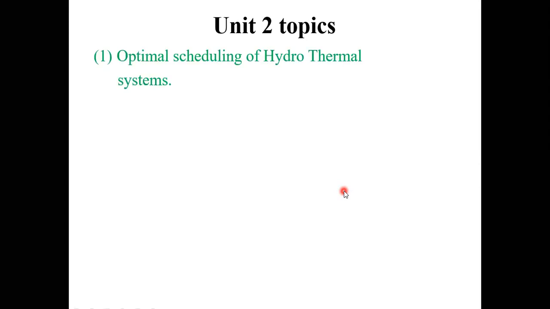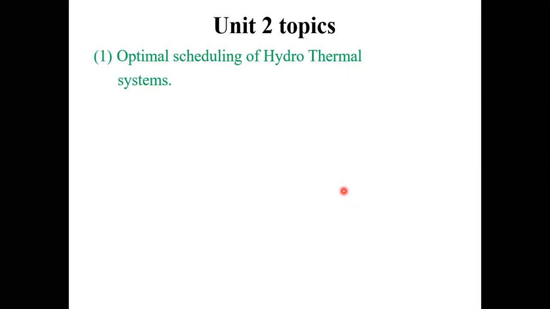Let us consider what topics are there in unit 2. The first one is optimal scheduling of hydrothermal systems. What is the meaning of optimal scheduling? We already came across the meaning of optimal scheduling in the first unit.